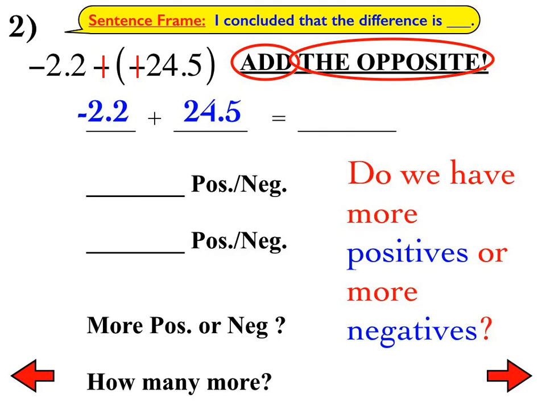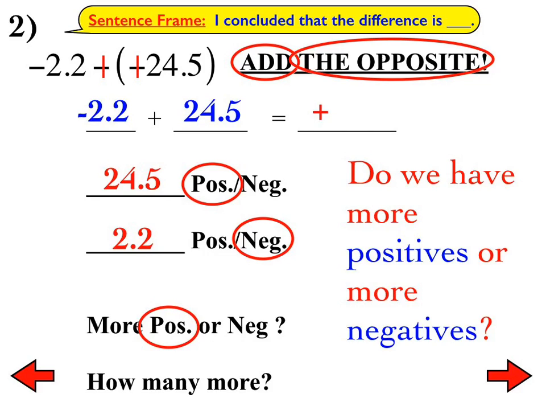How many positives do we have? 24.5. How many negatives do we have? How many more positives do we have than negatives? So I concluded that the difference is, and I say it's difference because the original problem was a subtraction problem, 22 and 3/10.